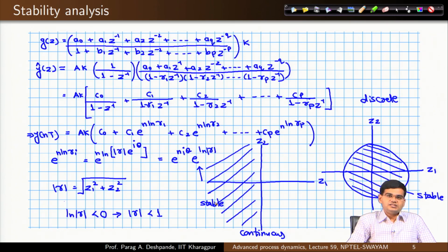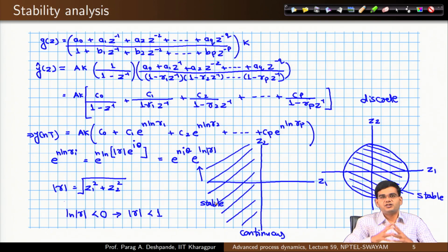So, this is what we had planned on studying. We started with the analysis of the systems in the transform domain, studied everything about the continuous domain analysis, then we went to the discrete time domain analysis.